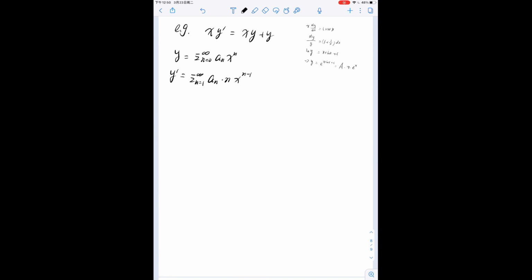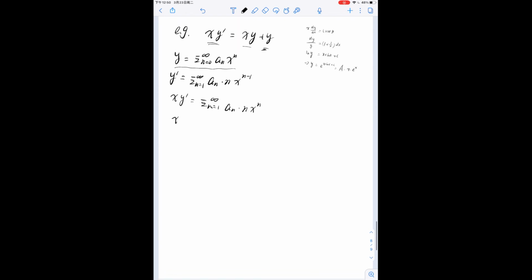So here we have this term and this term. We need to calculate them explicitly and then add them together. This term we already know, and this term, x times y prime, equals the sum of an times n times x to the power of n. And xy equals the sum from n equals 0 to infinity of an x to the power of n plus 1, because there is an x here.